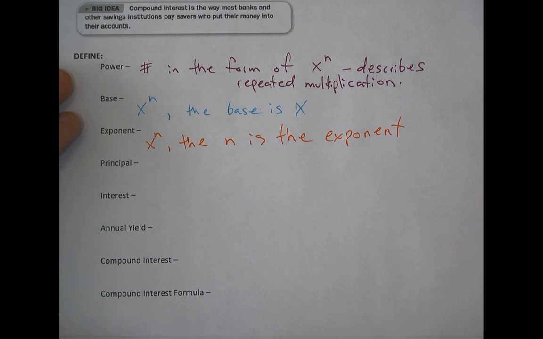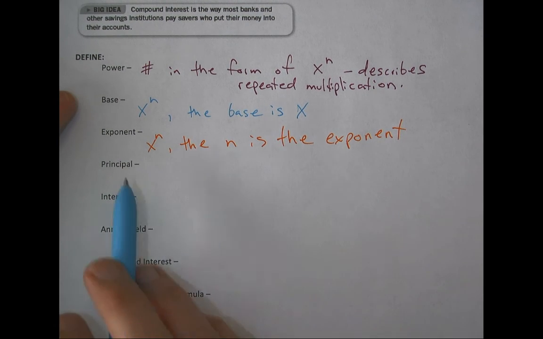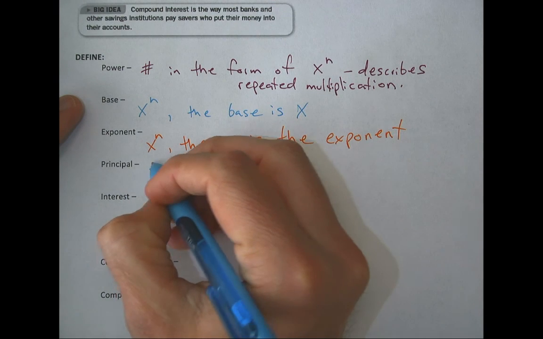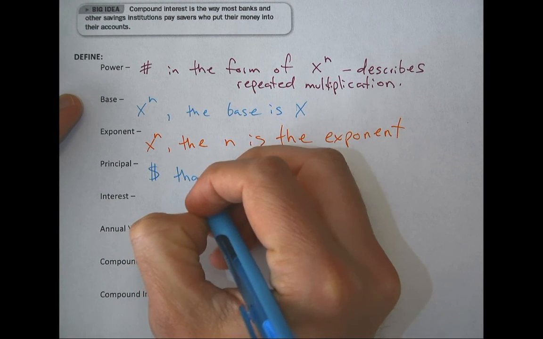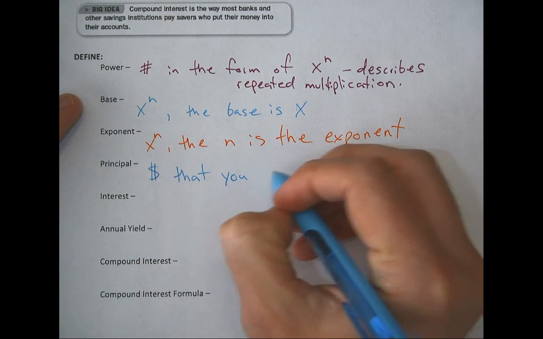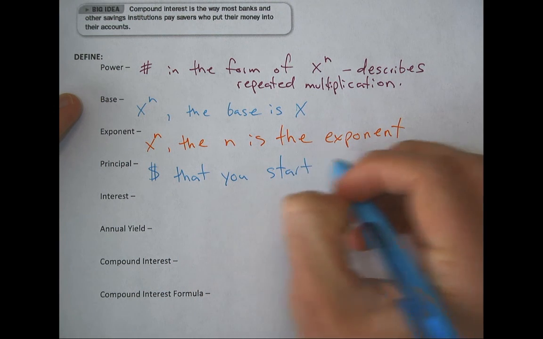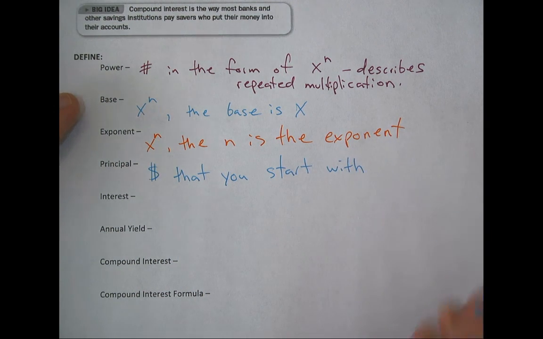Okay, so now we're going to be talking about specific terms that are going to be used in our interest formulas, and they're all things that factor in to our interest. And so principal, this is going to be the money that you start with. So if you're investing, the amount of money that you originally put in to your investment, that's your principal.